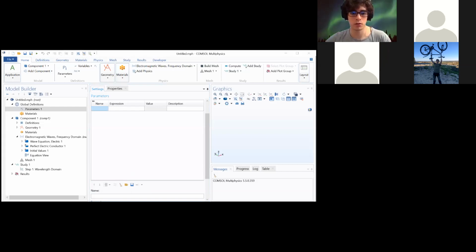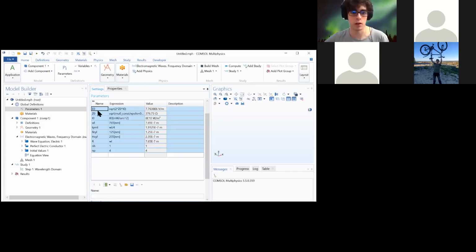So I will just copy paste the parameters that I have already prepared, and I will explain, though probably you know already. E0 is the amplitude of our electric field. Z0 is the vacuum impedance. I0 is the incident intensity of the wave. WL, I call it the wavelength.